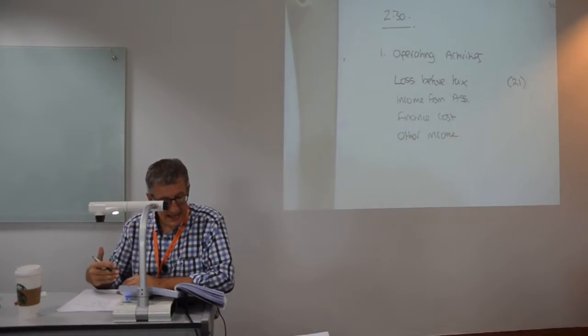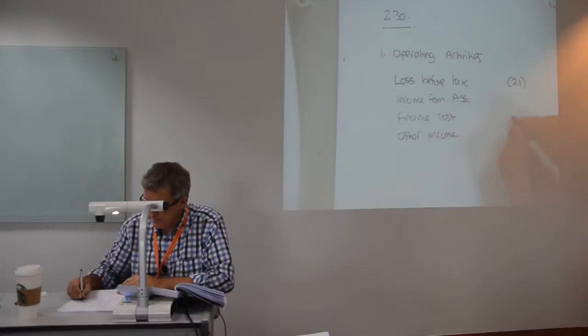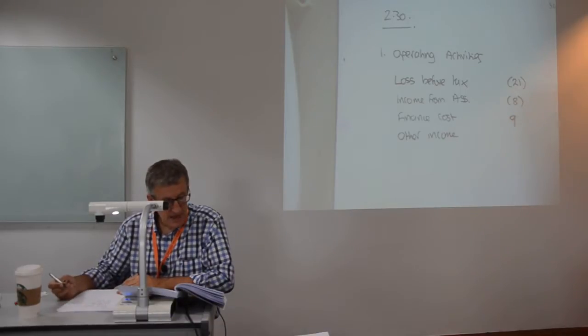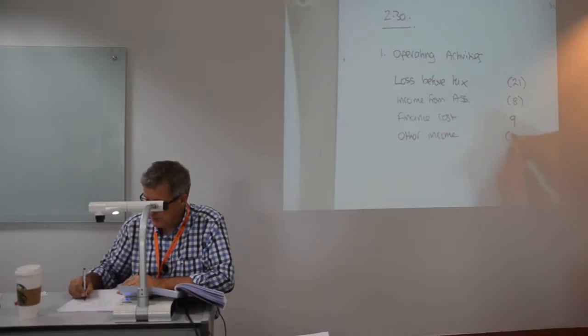Always add back your finance costs. Your finance costs are 9. Your share of profit of the associate, you are removing. Other income, you are removing, and the other income we are removing is 31.